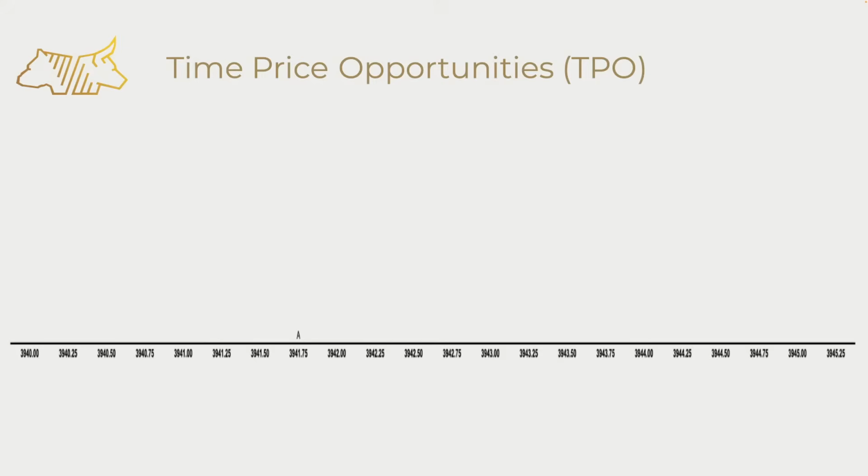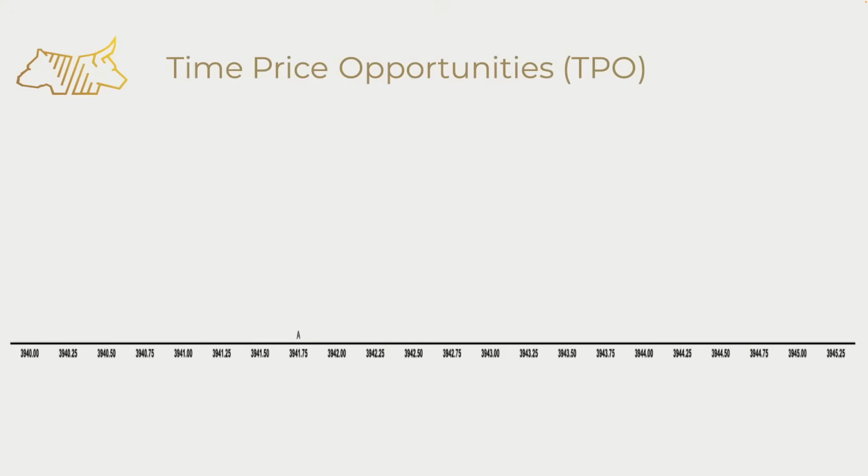Now I'm going to say, let's invert the chart to have price on the x-axis and time on the y-axis. If price trades at a certain value, let's record this with a letter.